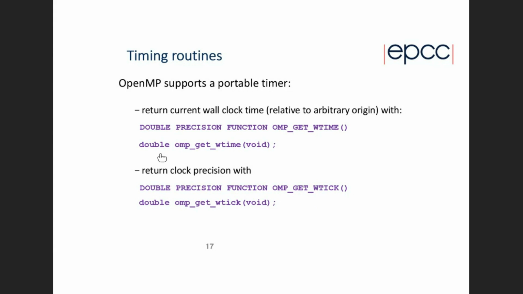And also it returns a double precision value in seconds. So it typically saves you from any horrible conversions from some structure of seconds and nanoseconds or something nasty that you have to deal with. So it's quite convenient. And you can also ask the implementation what the precision of the clock is as well.